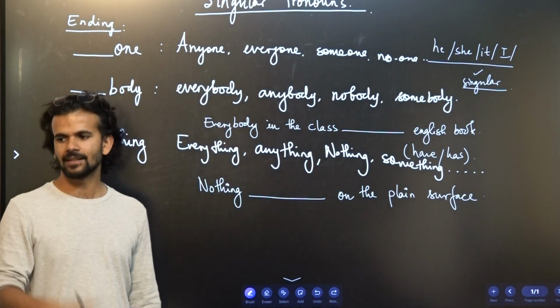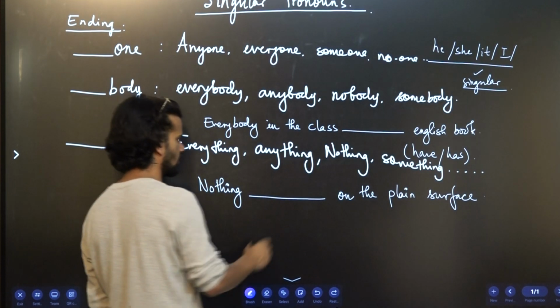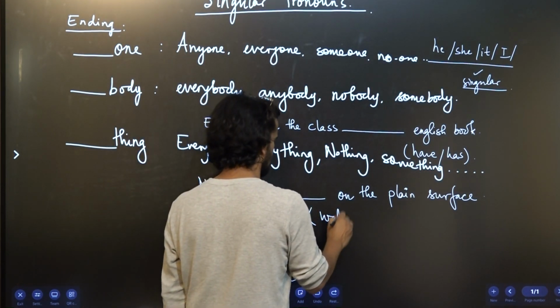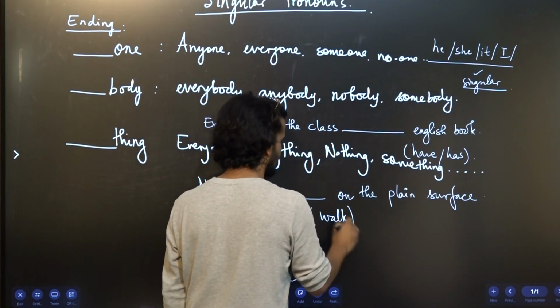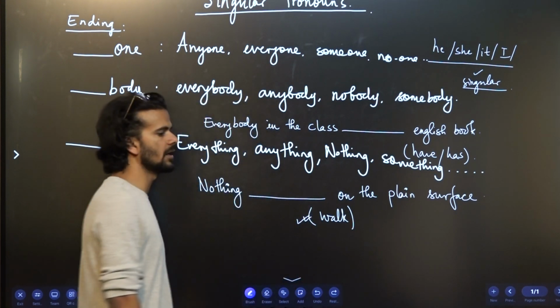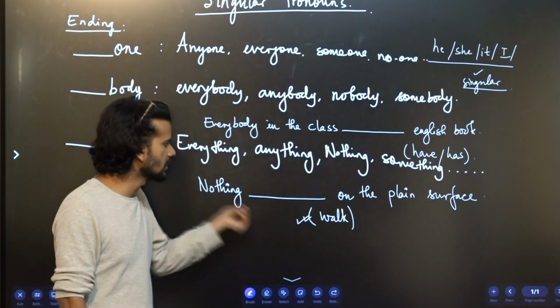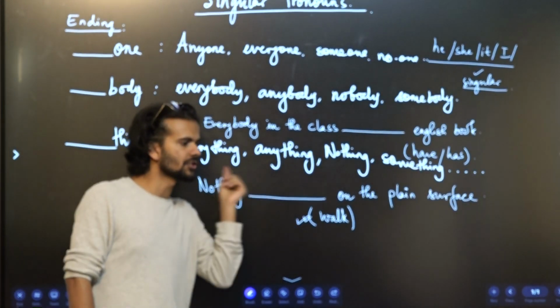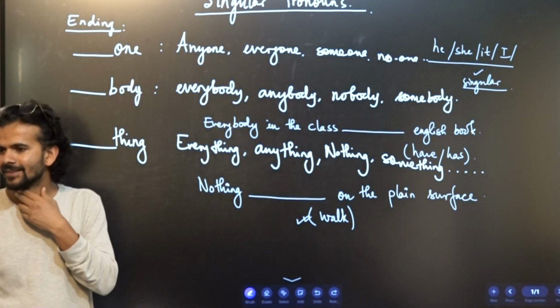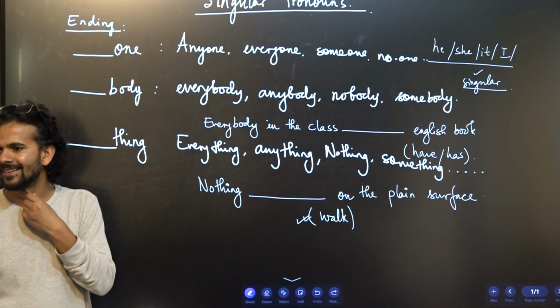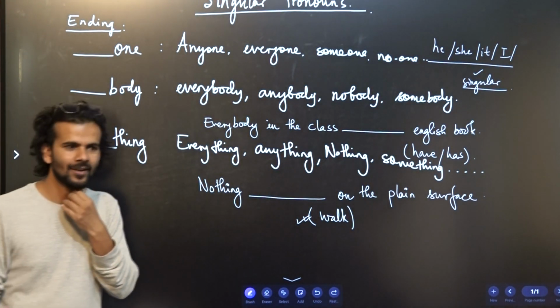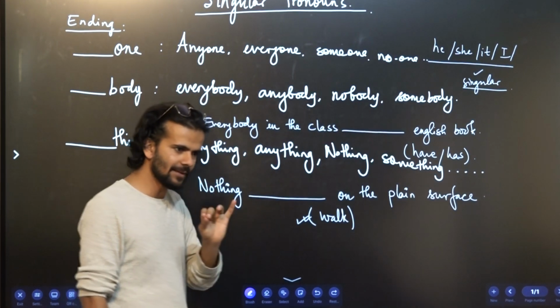But I'm taking a slightly different sentence with a slightly different word. What is the correct form of the verb walk here? Nothing walk, nothing walks. Which one? Nothing walks. Why?